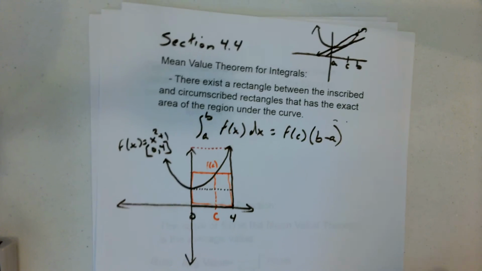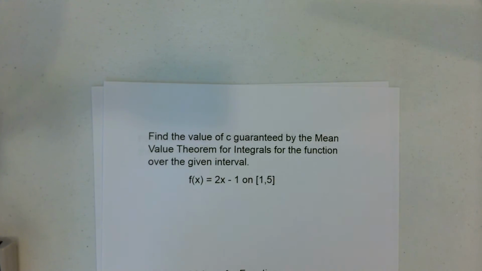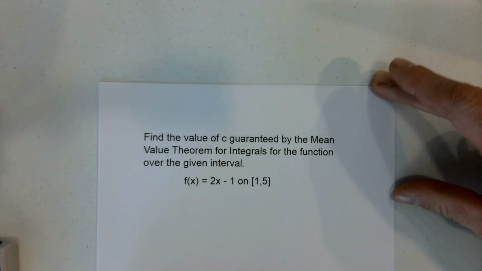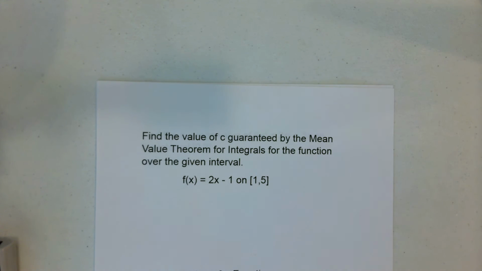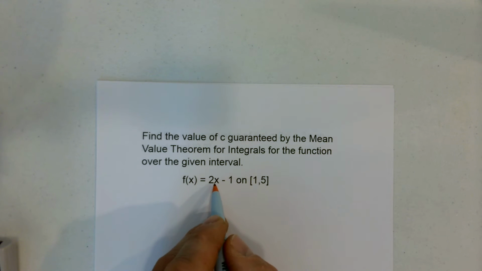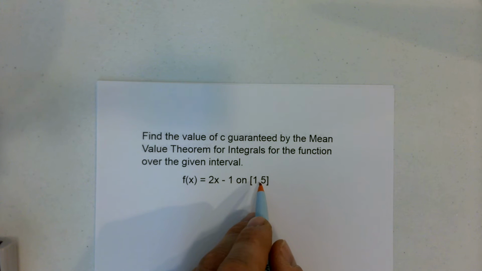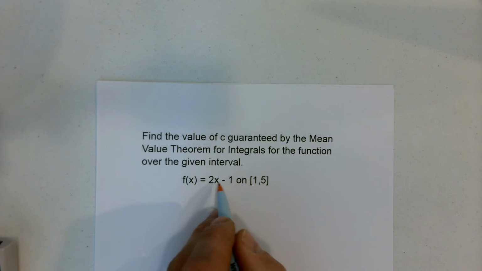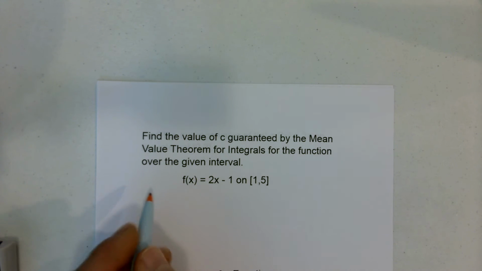So what's that going to look like? Well, here's our example. Just like we did with mean value theorem for derivatives, we can find the actual c value. So here's my function, 2x minus 1. We're on the interval from 1 to 5. So can we find that c value in which the area of the rectangle is going to equal the actual area of the figure?